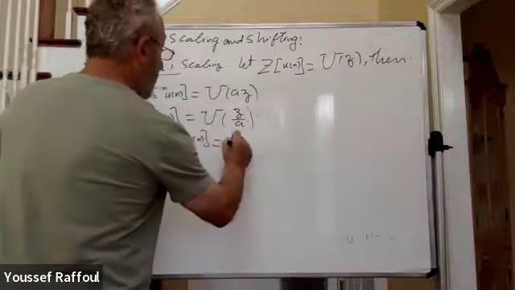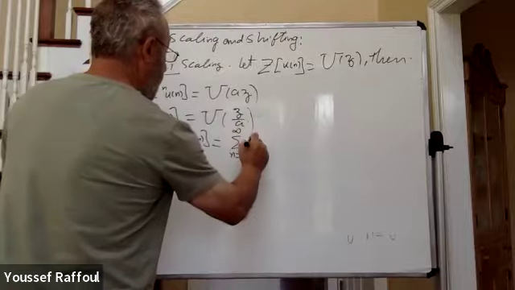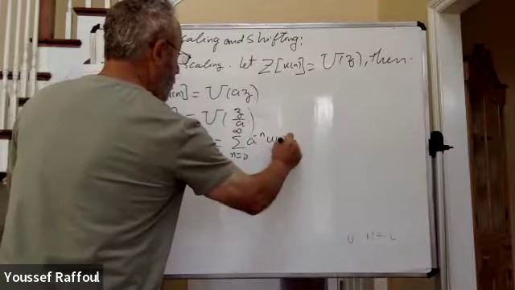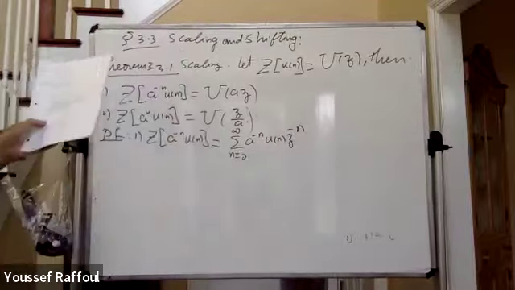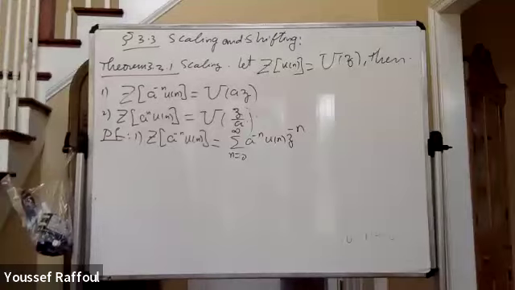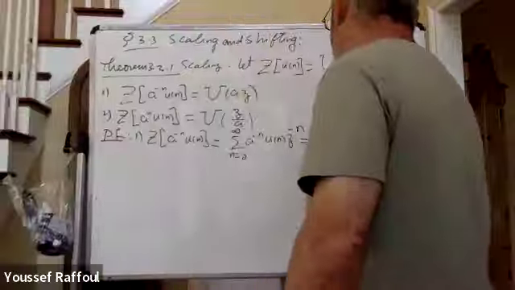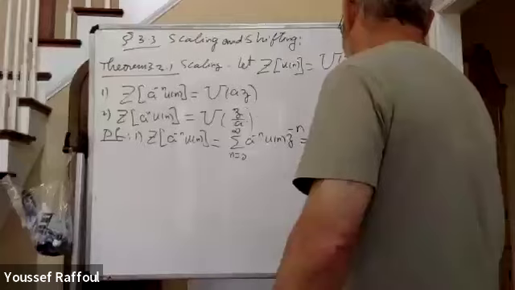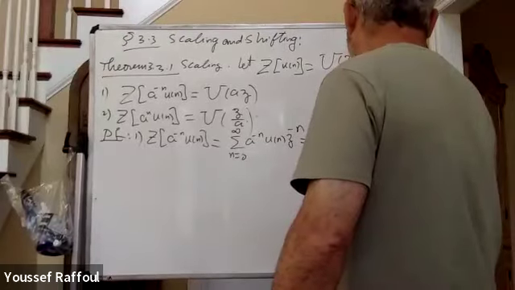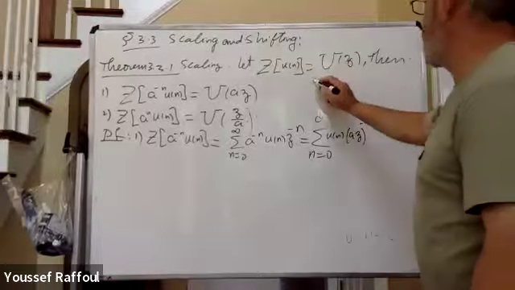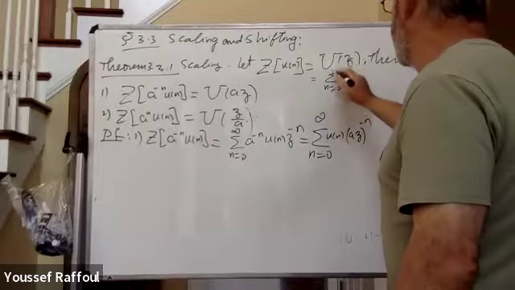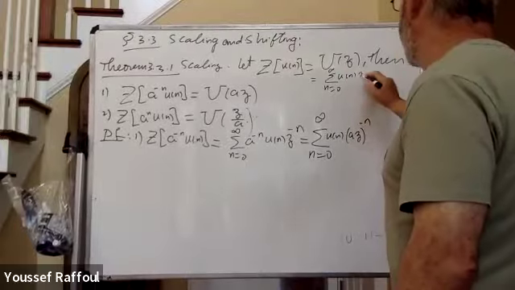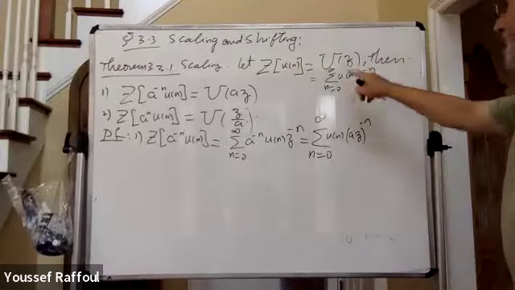That is the sum from n equals 0 to infinity of a^(-n) u_n z^(-n), and so this is the sum from n equals 0 to infinity of u_n times (az)^(-n). Recall, this is the sum of u_n z^(-n), by definition.